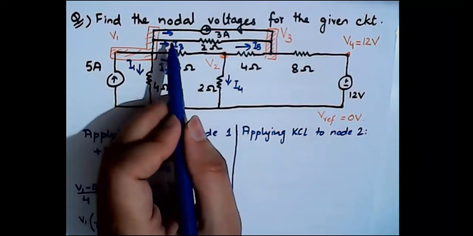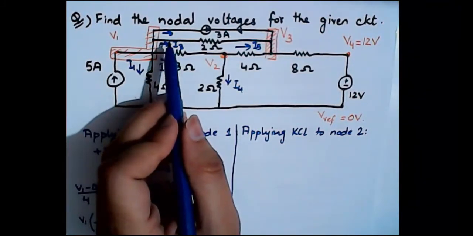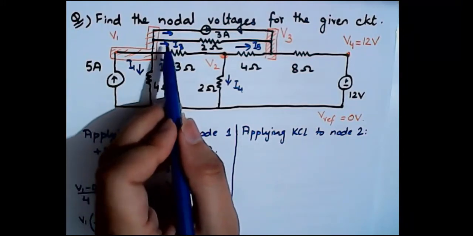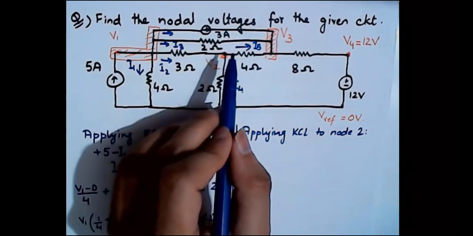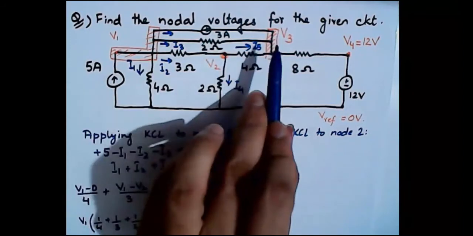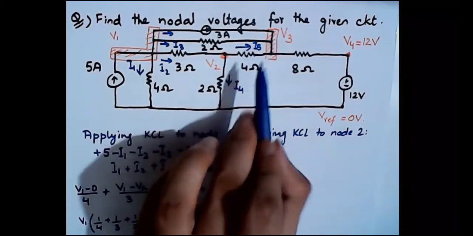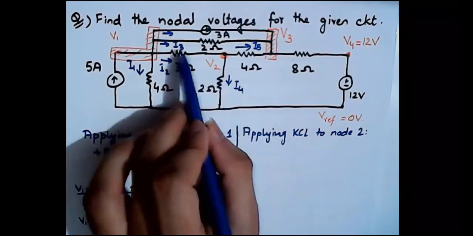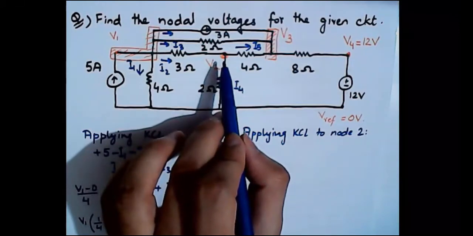What about current I3? Now you should note that current I3 has nothing to do with node 2. Why? Because it is connected between node 1 and node 3. So there will be no involvement of this current as far as node 2 is concerned.